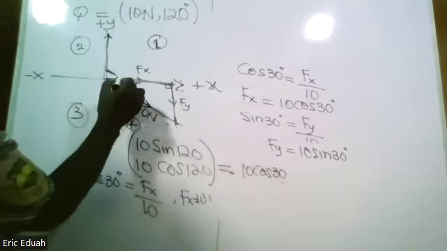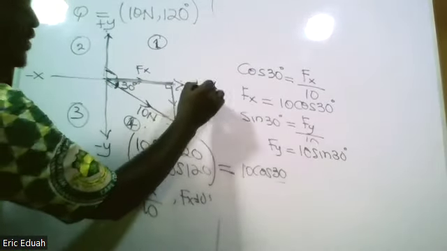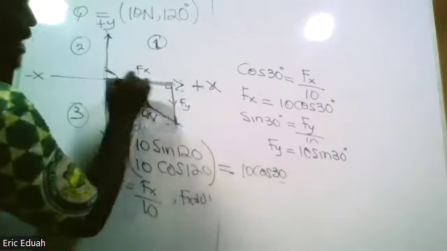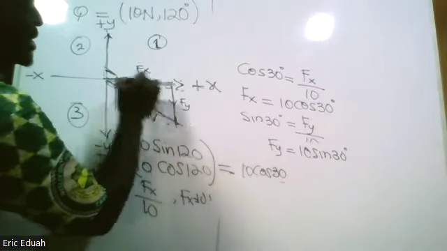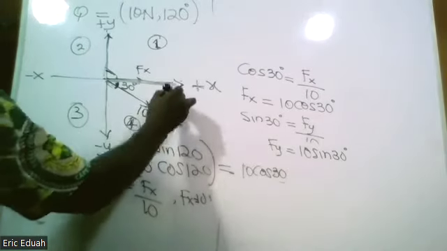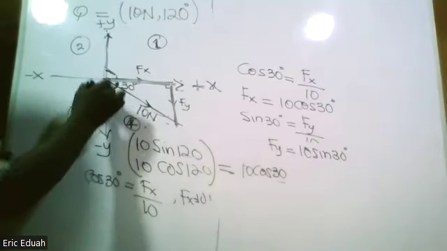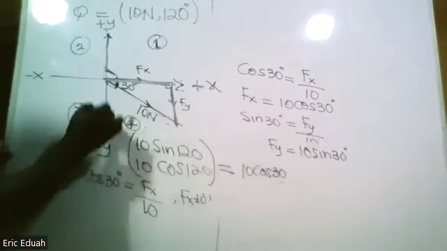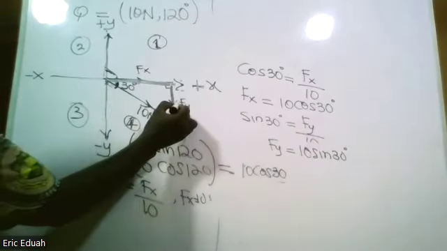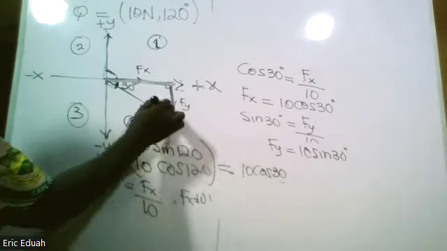So if I determine x is positive, because this is positive x, any measurement along this direction is positive x. If I determine fy, I'll measure fy from here to here along the negative y. So fy, in this particular case, will be negative.